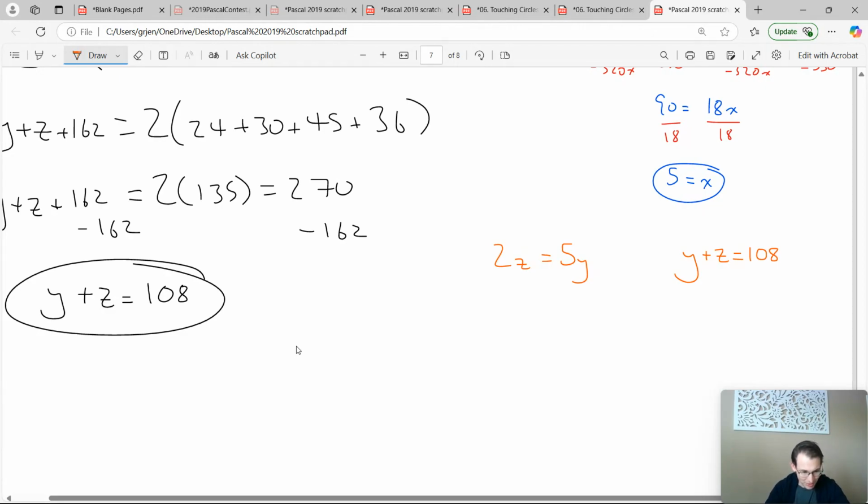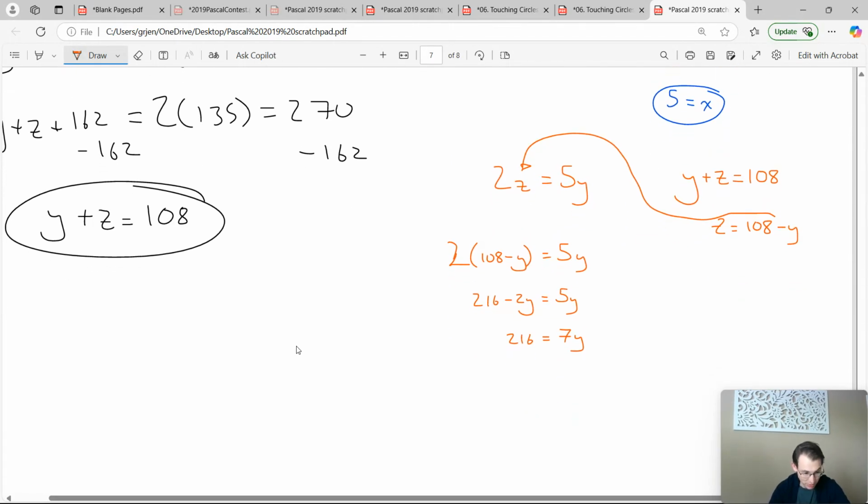So let's go, Z is equal to 108 minus Y, and we're going to put that over here to solve for the value of Y. Okay, so we've got 2 times 108 minus Y is equal to 5Y. Or, now we have 216 minus 2Y equals 5Y. Or, 216 is equal to 7Y.